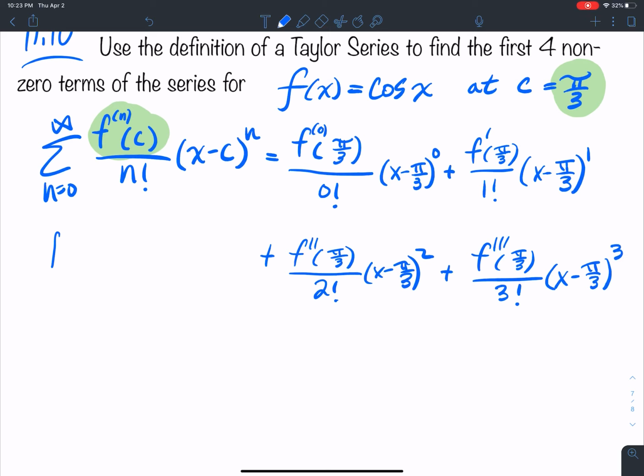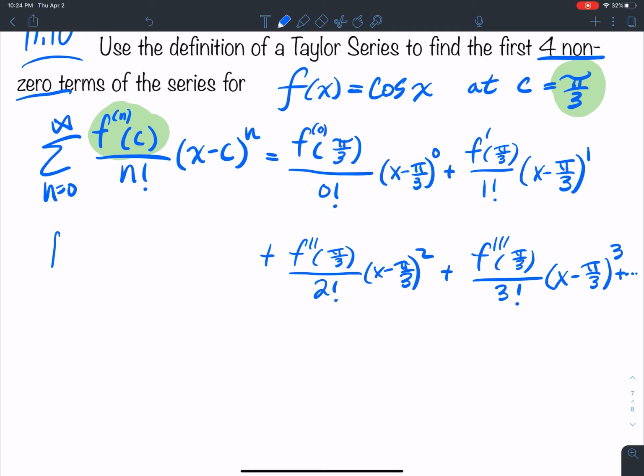Okay? And then if we need to go on further and do more, then we will. That would be the case if I plugged all this in and that got me 0, then that term just drops out, because we want 4 non-zero terms. Whatever we decide we need to do, that's what we'll do.